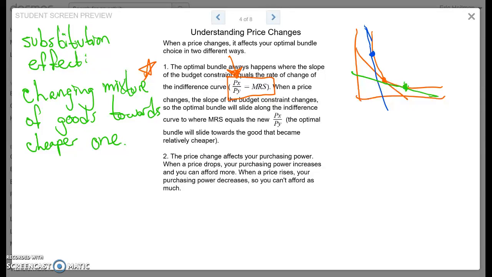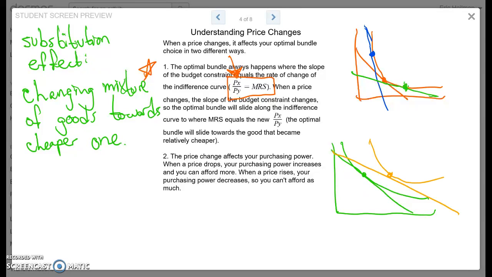So another way in which price changes affect the optimal bundles, let's say we started here, and let's say the price of good X went down, we can get to, we don't have to stay on the same indifference curve.